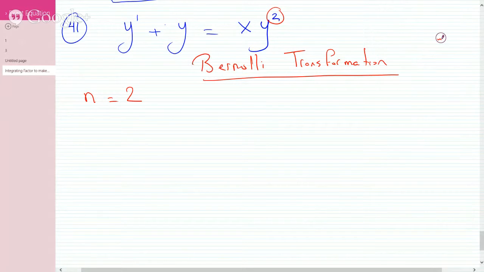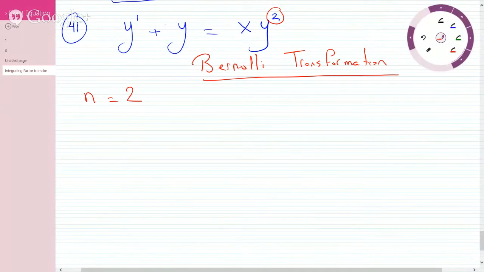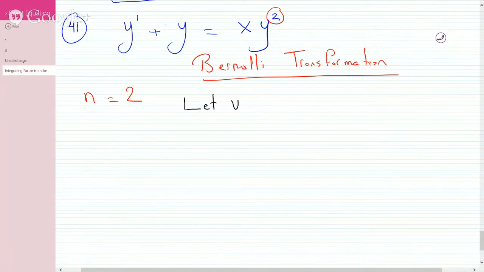And the Bernoulli transformation demands that you let v, because as it is, you will not be able to solve it. Right. Okay, because of that y squared in there, which is a term that we didn't have on the other ones.